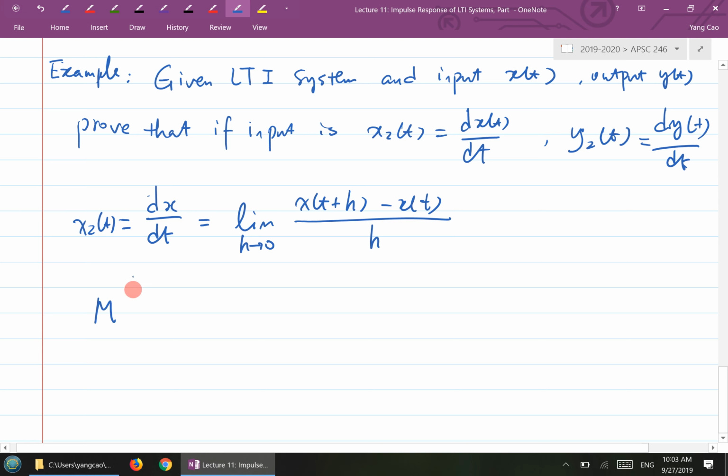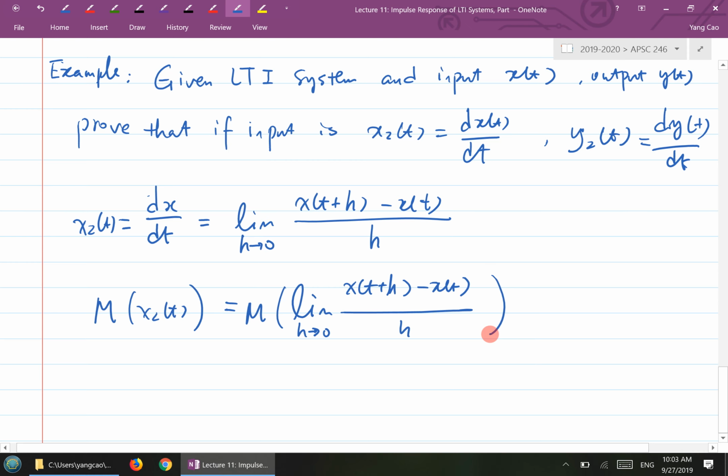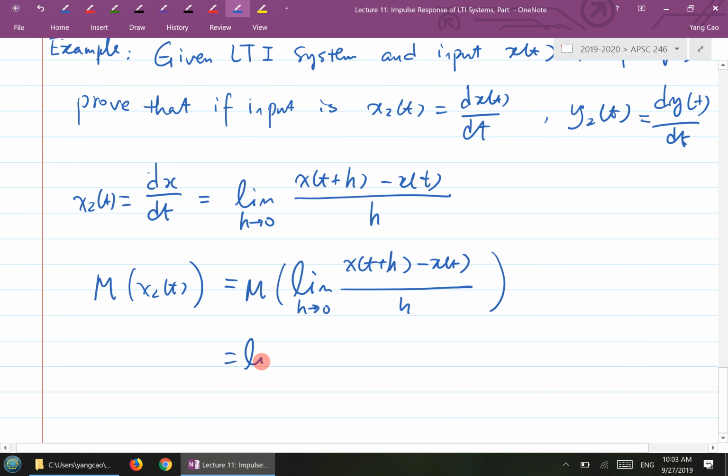So if our input is x2 of t, and basically it's this whole limit expression. Now the limit here doesn't really play a role. You can simply take the limit out of the bracket and move the system operator into the bracket.